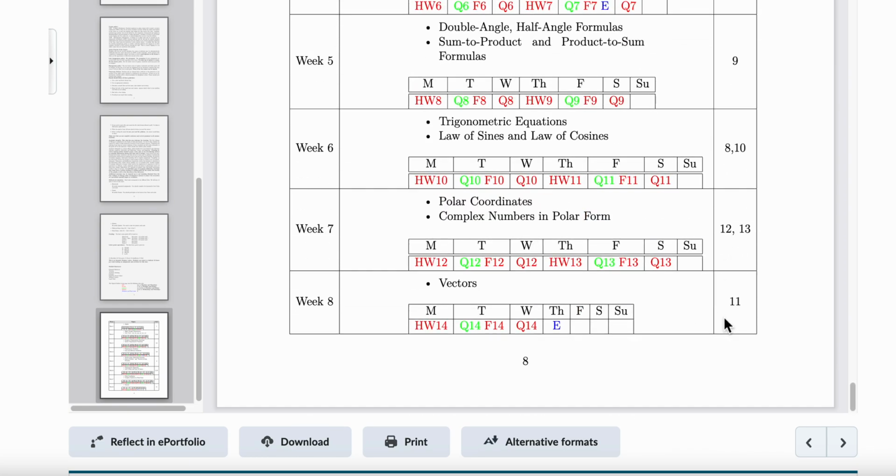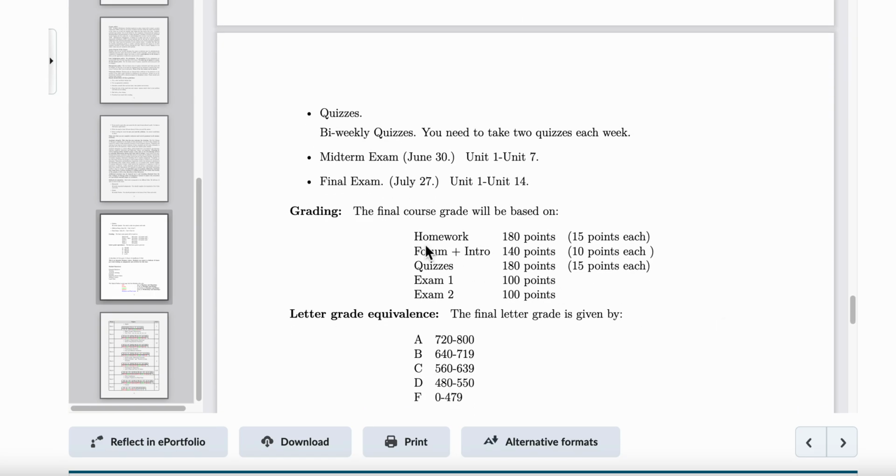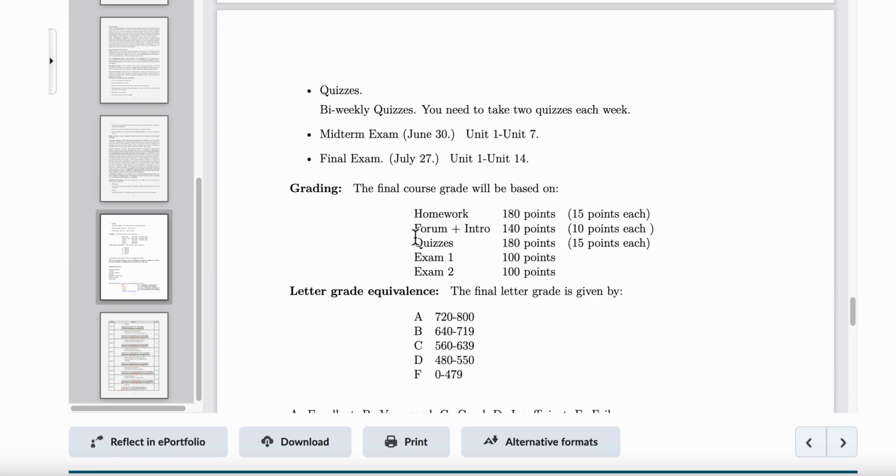So these are essentially all the assessments that you will have in this class: homework, forum, plus the introduction, quizzes, exam 1 and exam 2, which are also called midterm exam and final exam.